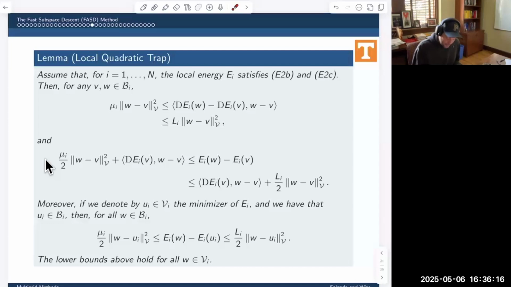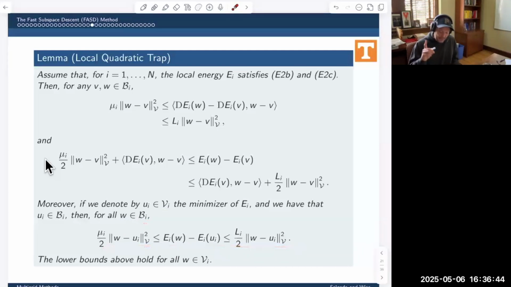So what I'm going to do now is take V and replace it by UI, and that's going to be the minimizer of EI in VI. If that's the case, then we have the quadratic energy trap relative to the minimizer. So, right, this holds over this bounded energy set on the local subspace BI.